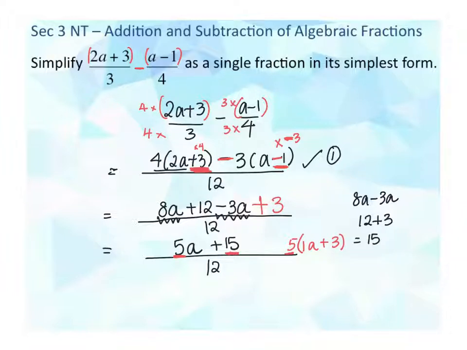And the denominator over here is 12. Is there any common factor between 5 and 12? No, there is no common factor. So therefore, this will be your final answer. Or you can write it as 5 bracket a plus 3 over 12.